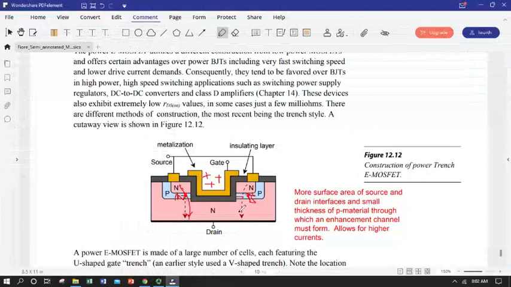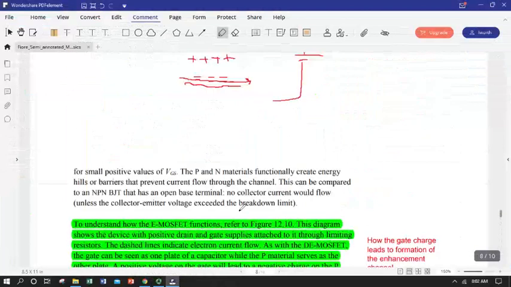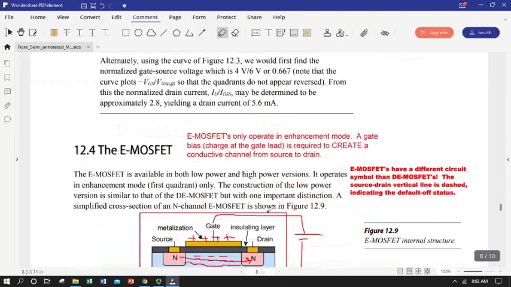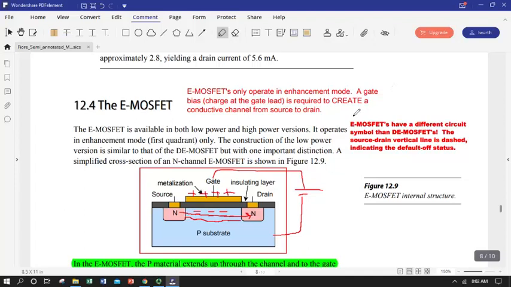I will return back. There was a note that I want to share with you, because Mr. Fiore does not include a sketch. Enhancement mode MOSFETs have a different circuit schematic symbol. They look similar to a depletion mode, but the source drain vertical line is dashed, indicating that it has a default off status.